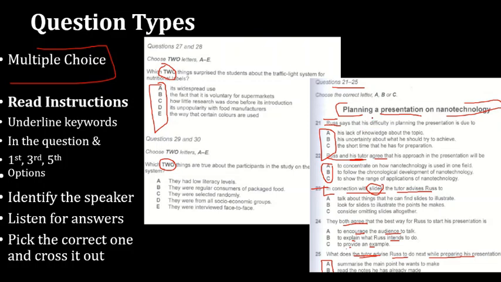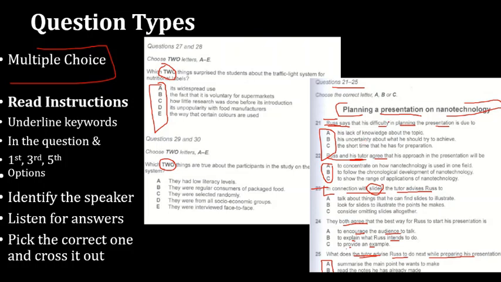Now, the approach that we use in answering questions within section 2 is the same approach that we use over here. First, we read the question. The most important thing is to identify who is speaking. So here we underline Rice says. The next thing: difficulty planning the presentation. So these are the keywords.